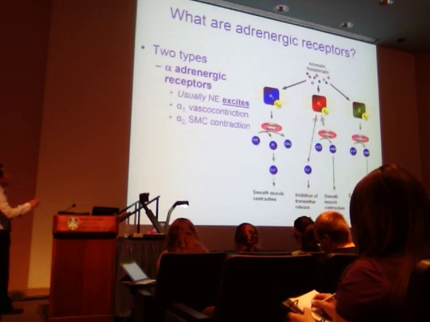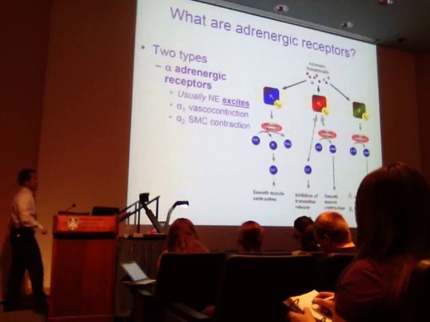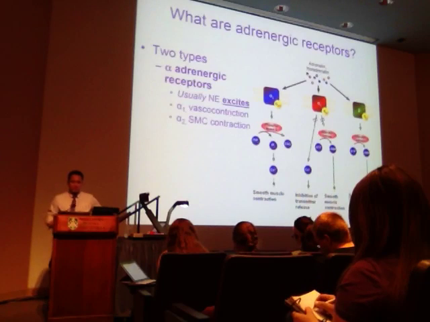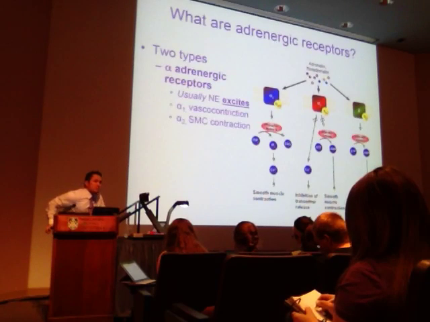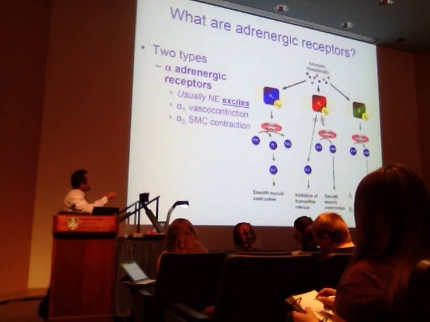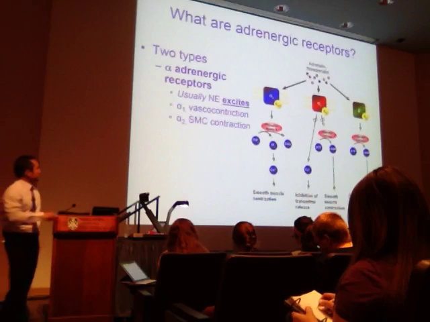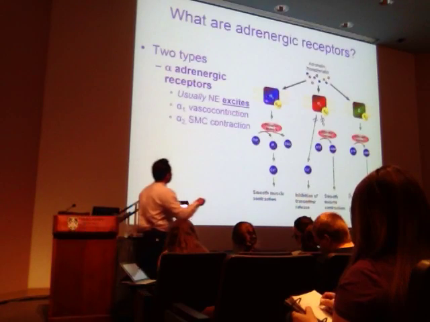But let's talk about the alpha adrenergic receptor. These guys usually are excited by norepinephrine. And there's two subfamilies. And you can see over here, alpha 1 and alpha 2. So alpha 1, this one is blue.